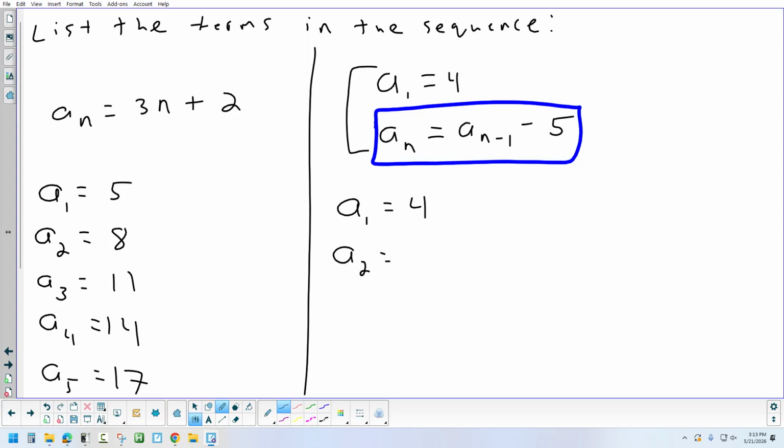So what's the second term going to be? Yeah, -1. And the third term? Yeah, -6.